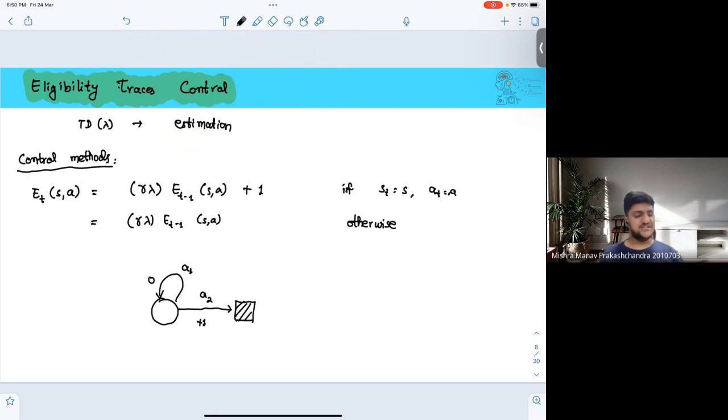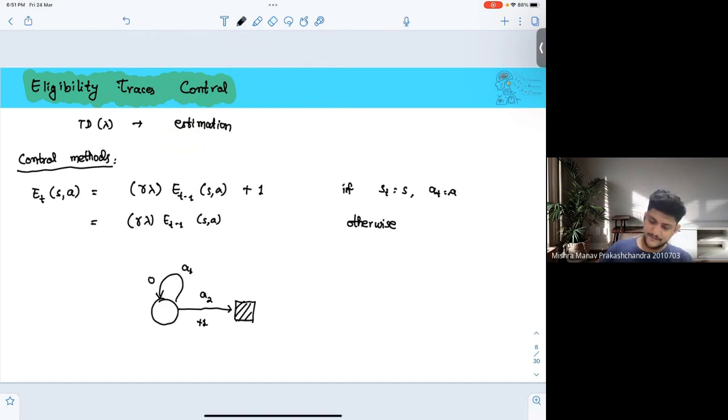So in this sort of MDP, the trajectory looks as follows. I keep on taking action A1 repeatedly, meaning I keep reaching the same state until I take action A2. The moment I take action A2, my episode is over. I reach the terminal state.